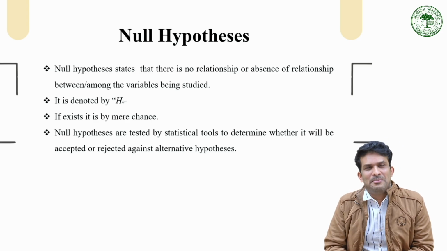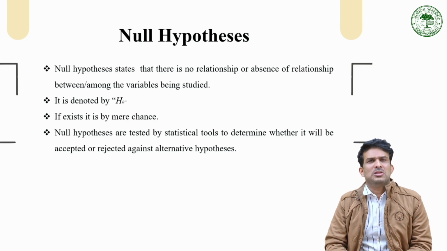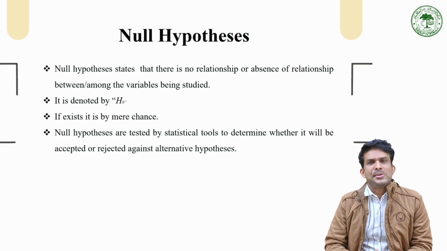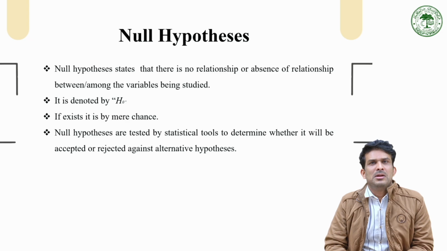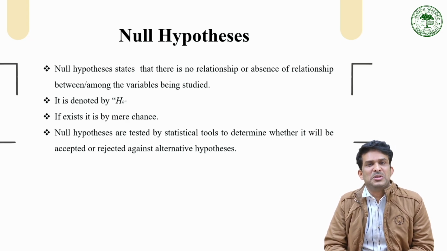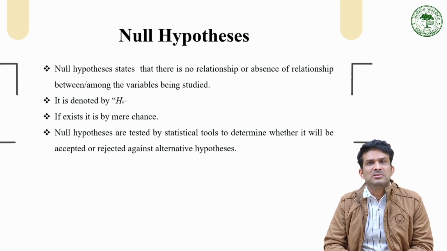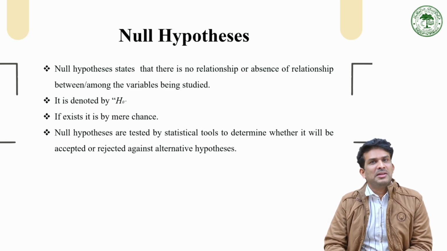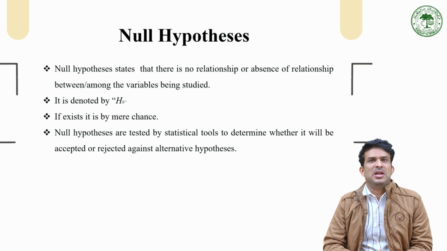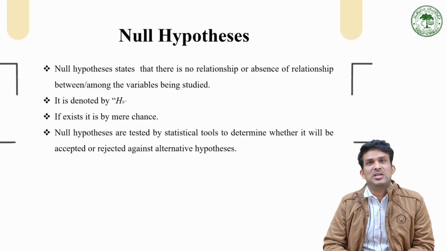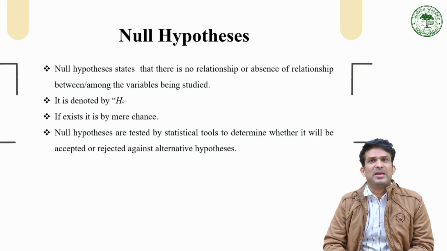What is a null hypothesis? Null hypothesis states that there is no relationship between or among variables. There is no difference between or among different groups on a specific variable. Otherwise, we call it absence of relationship, absence of difference between two groups on a variable.